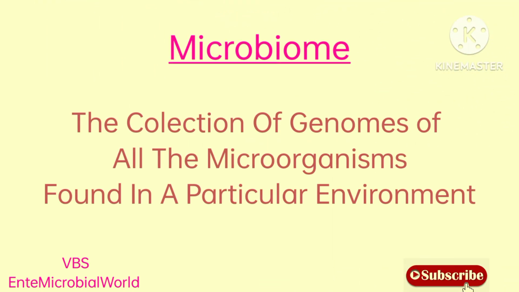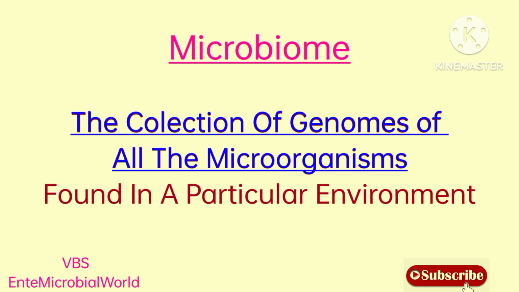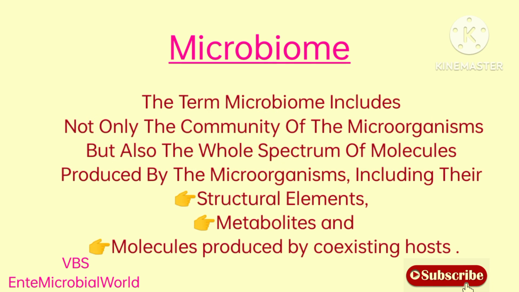The collection of genomes of all the microorganisms found in a particular environment is a microbiome. The term microbiome includes not only the community of the microorganisms but also the whole spectrum of molecules produced by the microorganisms, which include their structural elements, metabolites, and molecules produced by coexisting hosts.